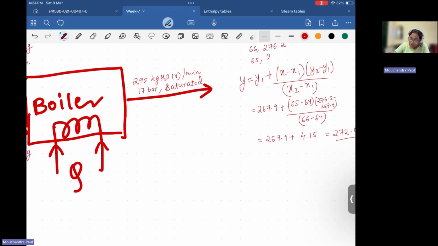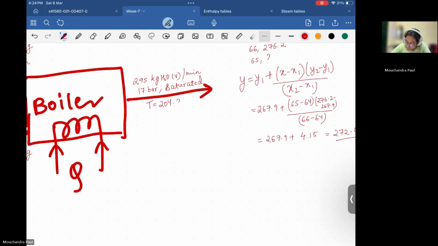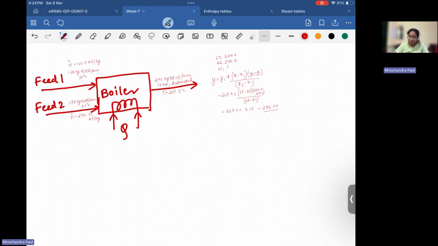That is the temperature of the steam. All right. These are the values that we got from the steam table.